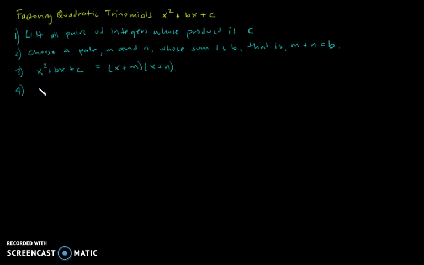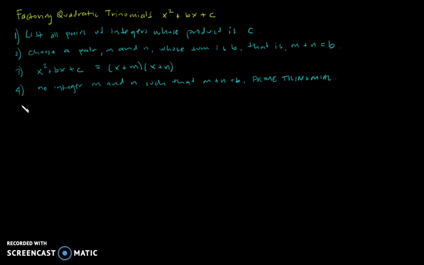So no integers m and n such that m plus n is equal to b, therefore this is called a prime trinomial. Okay, so let's have some examples.